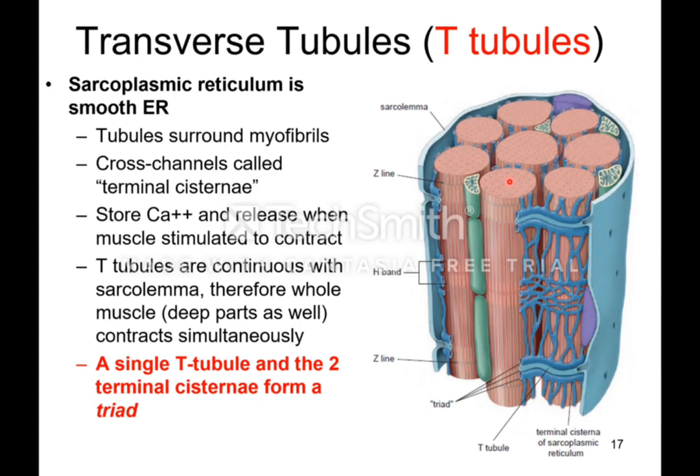The T-tubule and the SER, or it's better to say the triad, help the distribution of the calcium ions and also nerve impulses to different parts of the cell.